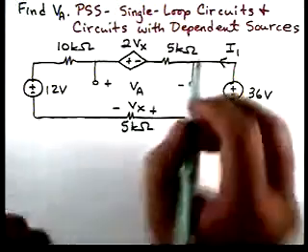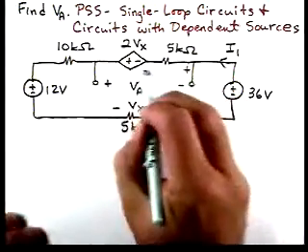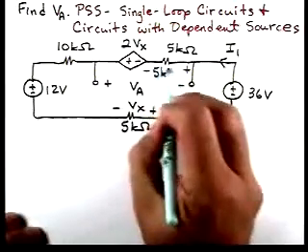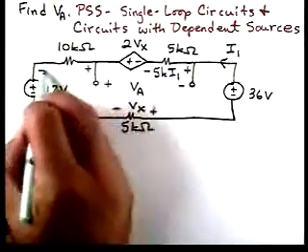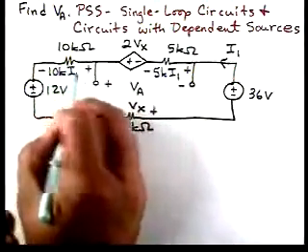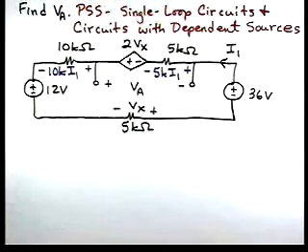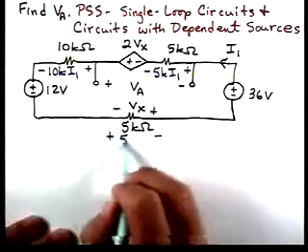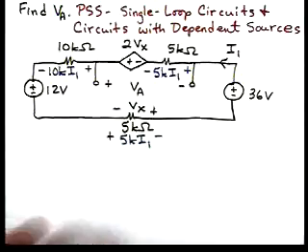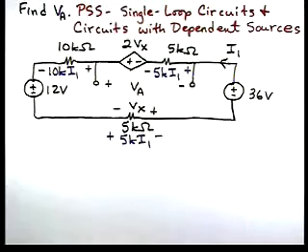For this resistor, the voltage is 5K I1 with that polarity, and the polarity comes from going back to Ohm's law and the convention we established for voltage and current. For this resistor, we have 10K I1. And down on the bottom, with this resistor, we have 5K I1. Now we've completed the first two steps.